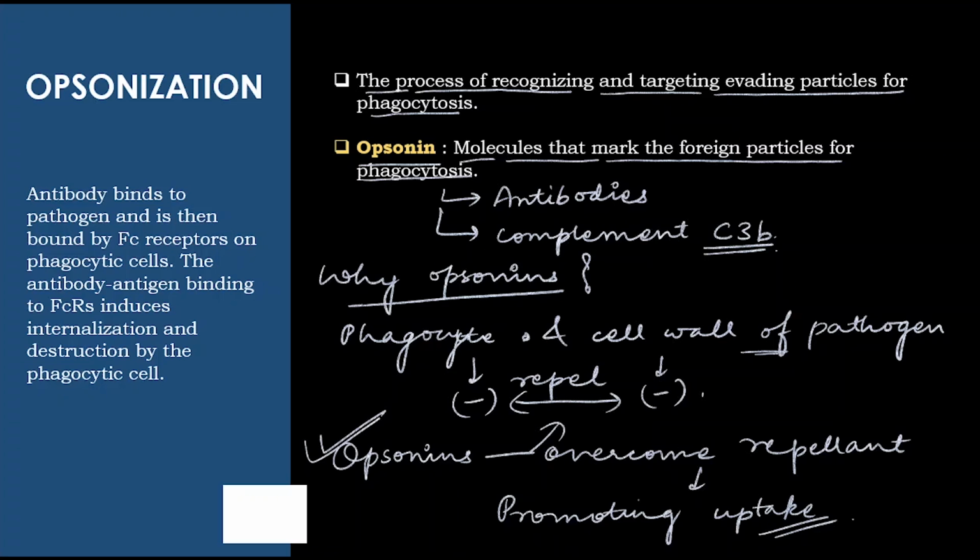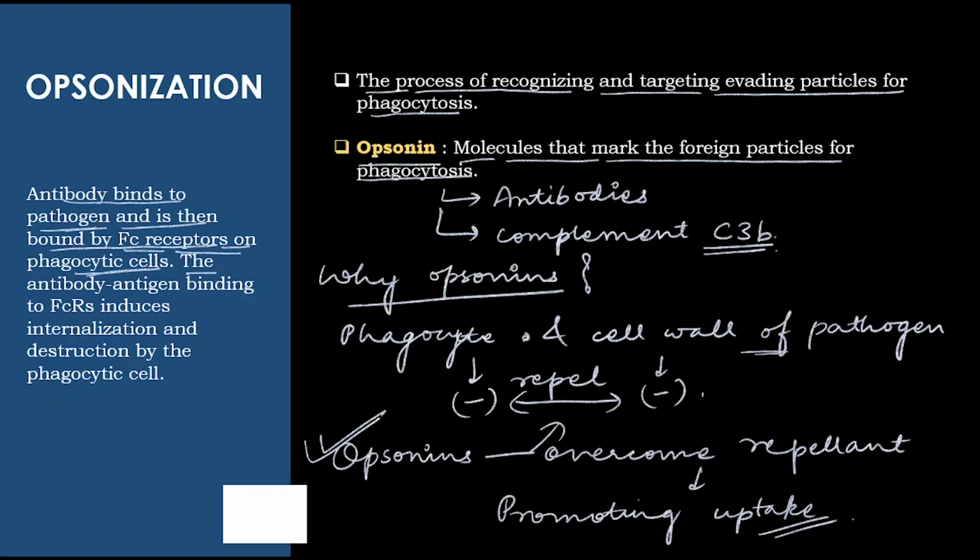So let us briefly review the opsonization process. Antibody binds to the pathogen and is then bound by Fc receptors on the phagocytic cell. As I have told you, the Fab region will interact with the pathogen and the Fc region will interact with the Fc receptor on the phagocytic cells.